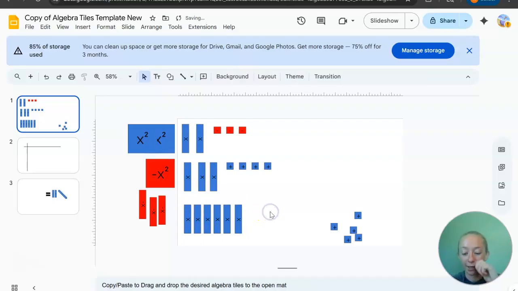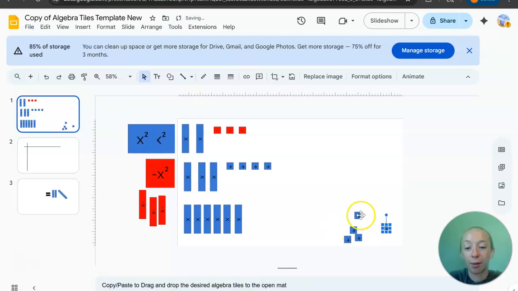We got 6x squared, because 2x times 3x is 6. Then we have 2x, and we have to distribute into the whole parentheses, right? So we just did 2x times 3x. Now we have 2x times a positive 4, which is 8, right? It would be 8x. So we need 8 more.